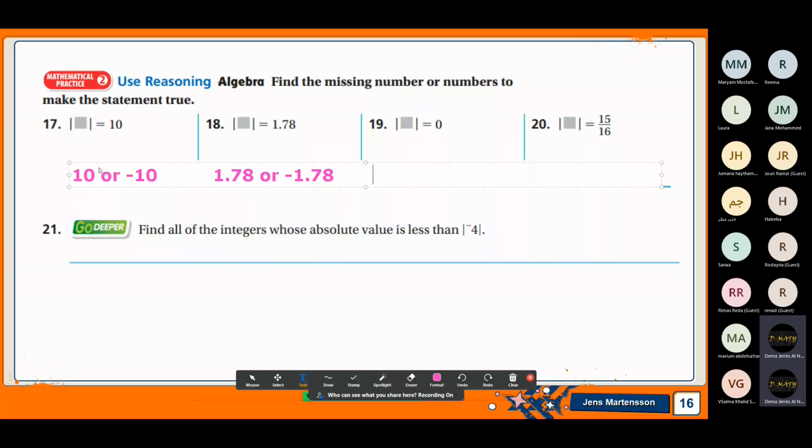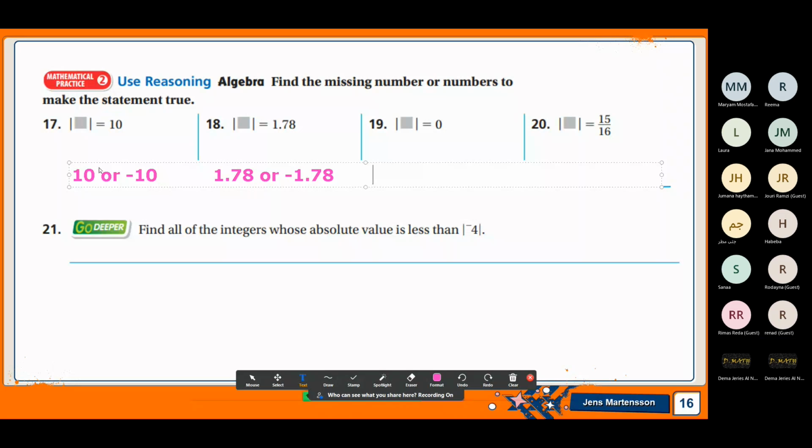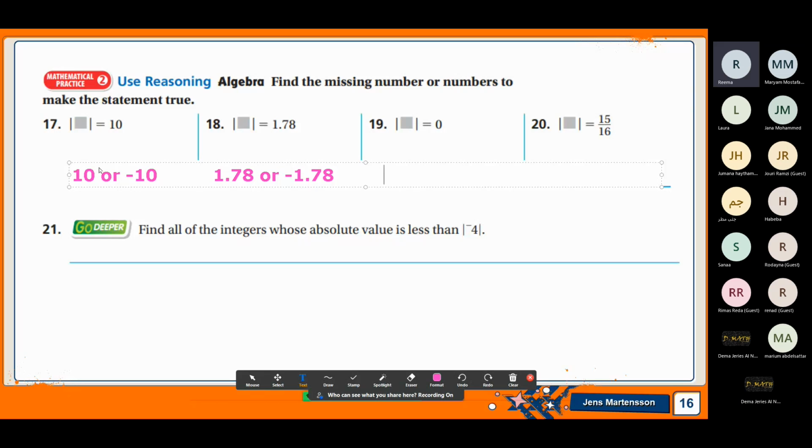Give me a number whose absolute value is 0. 0. Yes, 0. Thank you. Only 0.